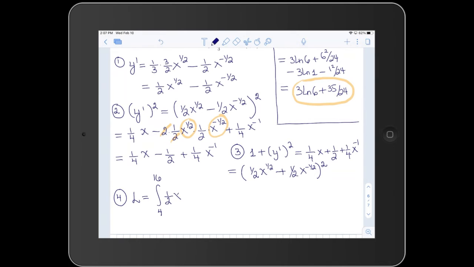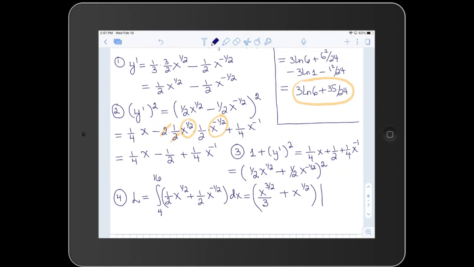We're going to get the integral of 1/2 x^(1/2) plus 1/2 x^(-1/2) dx. The antiderivative would be, let's see, we add 1 to get 3/2, and then multiply by 2/3. So we're going to get 1/3 here, plus x^(1/2).